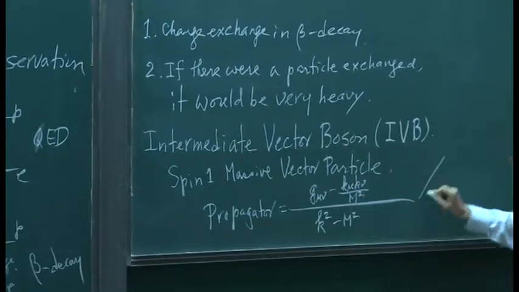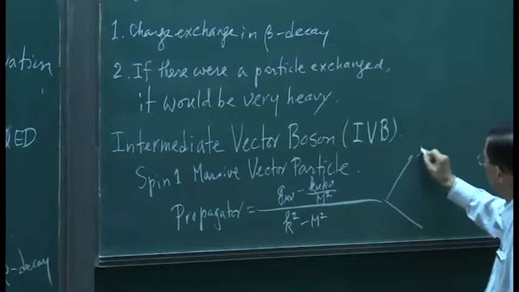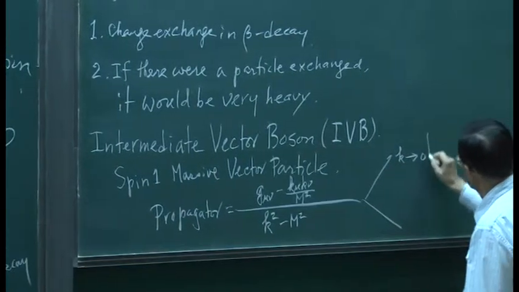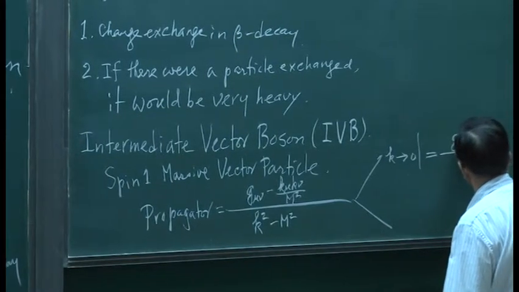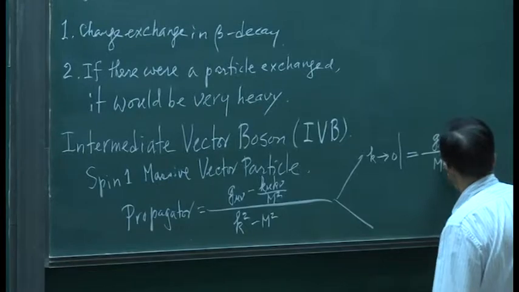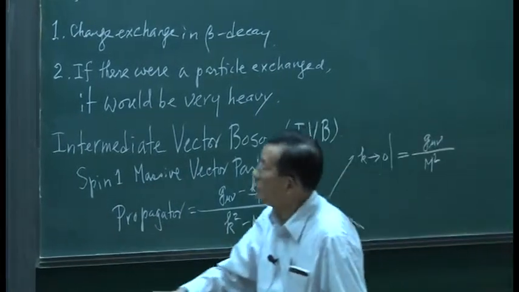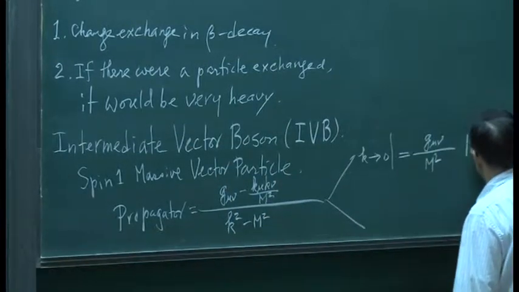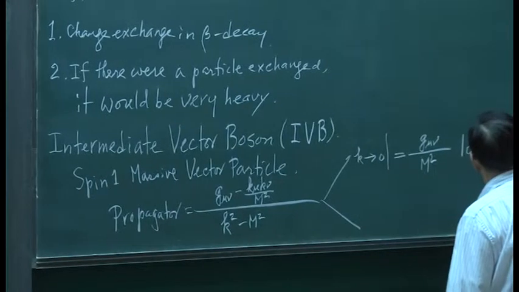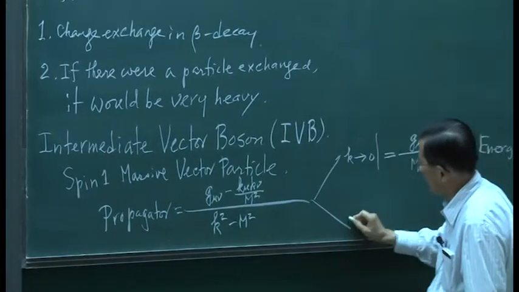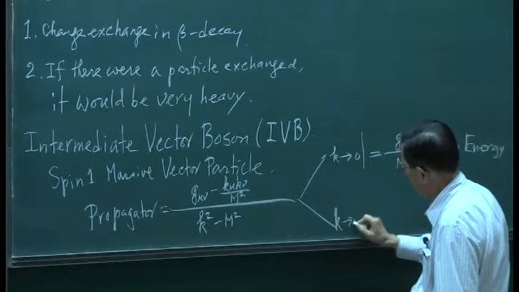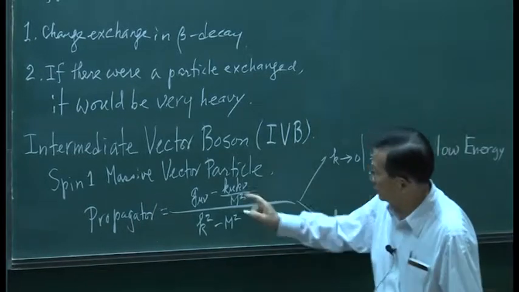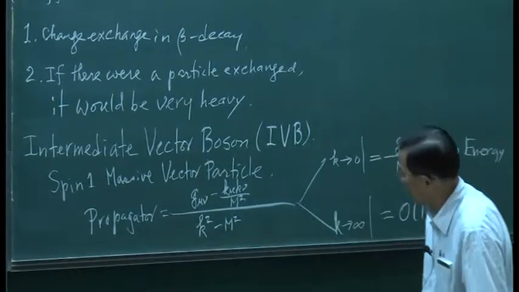Now, at low energy, when k is equal to 0, this thing becomes g mu nu over m squared. And that led to the Fermi theory, okay? So that's low energy. Now at high energy, when k goes to infinity, this goes to order 1, because there are 2 powers of k here and 2 powers of k there.